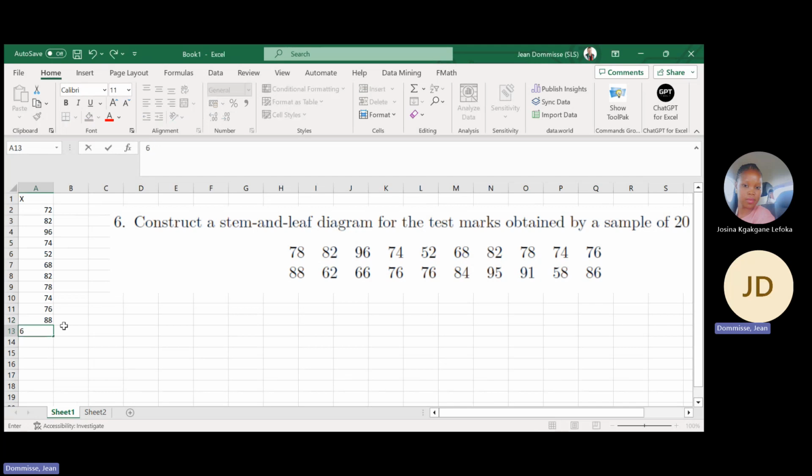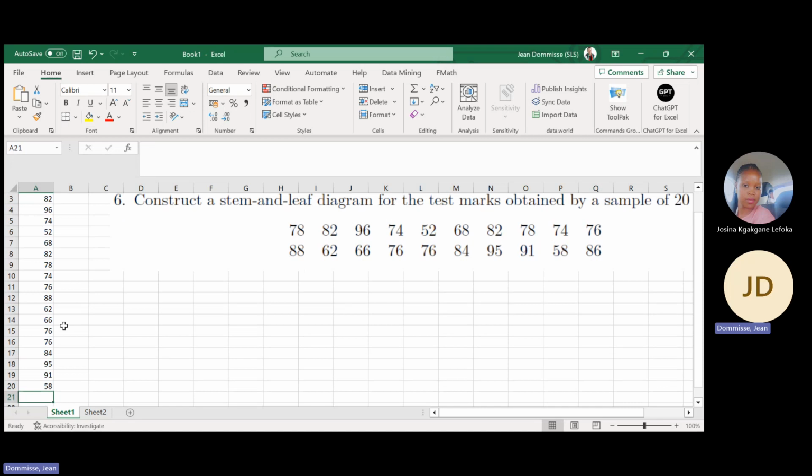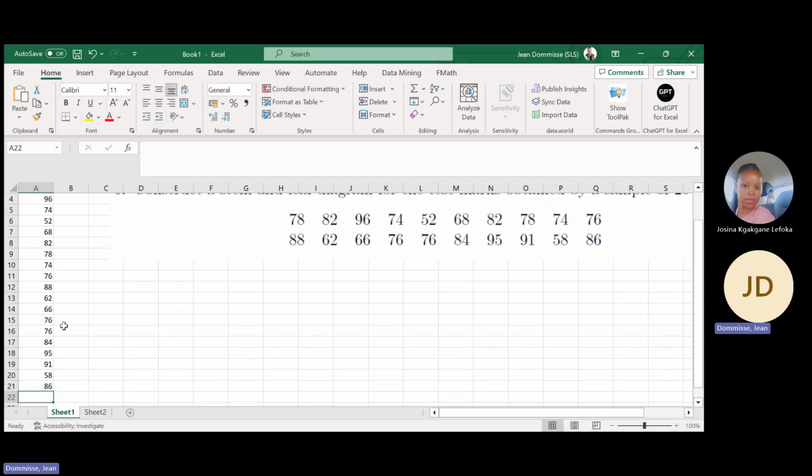So that is not going to be an issue. Then the other thing is we just need to make sure that we're working with the right data.